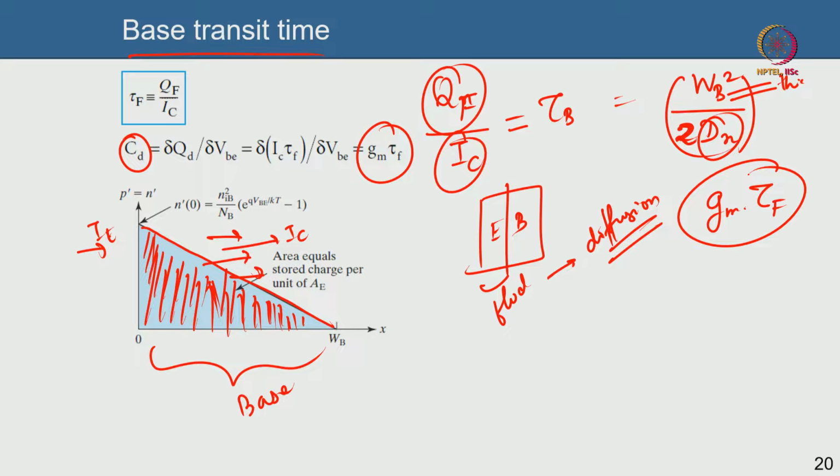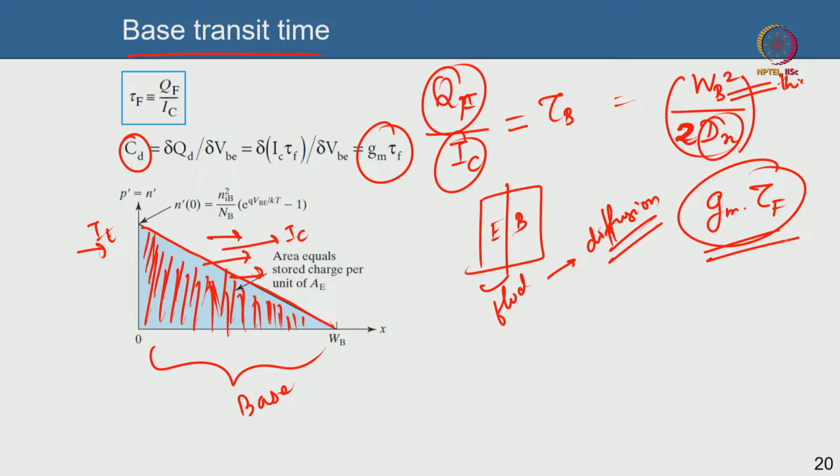It can lower the overall cutoff frequency of the bipolar device. Although on paper the bipolar device looks far more promising than the FET as far as cutoff frequencies are concerned, the diffusion capacitance can be a real killer because it can be really large.